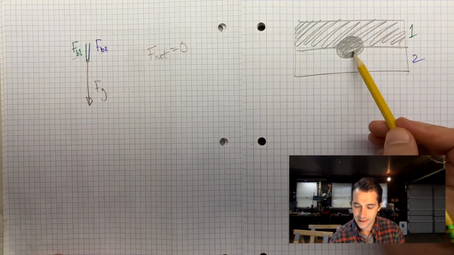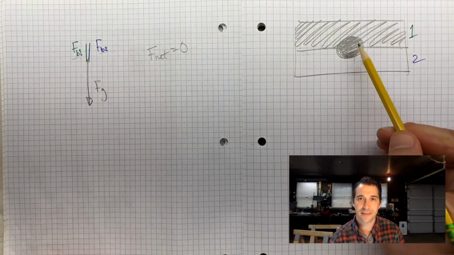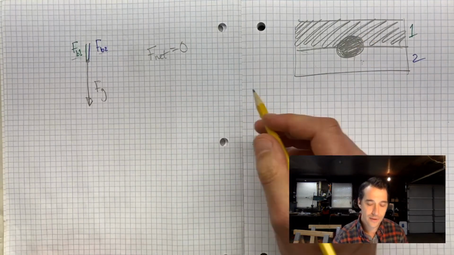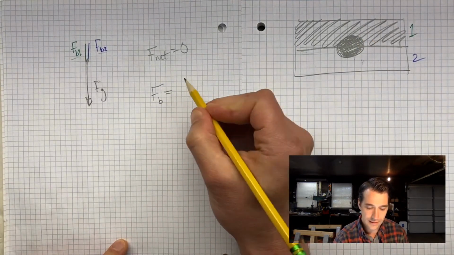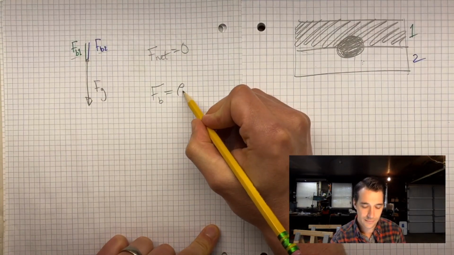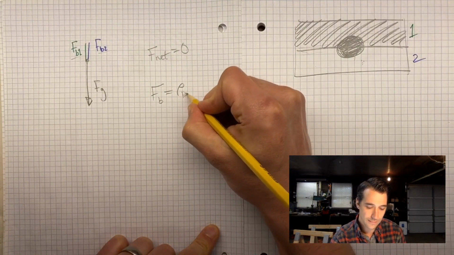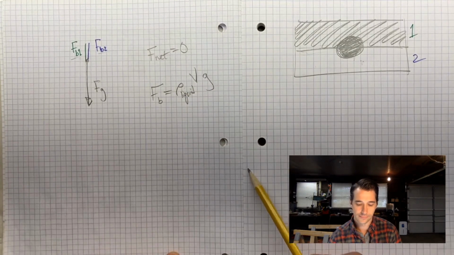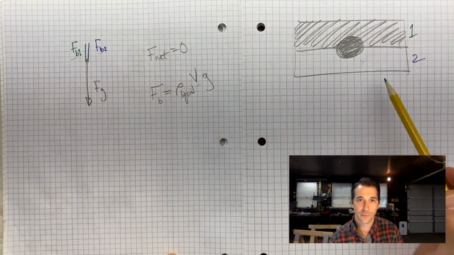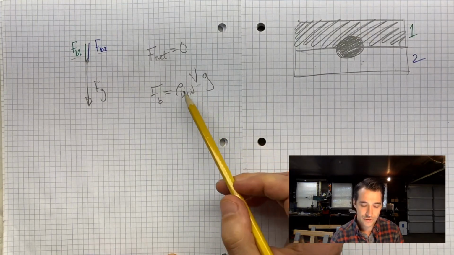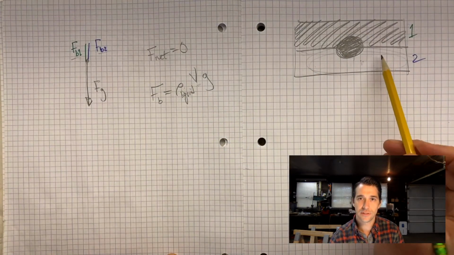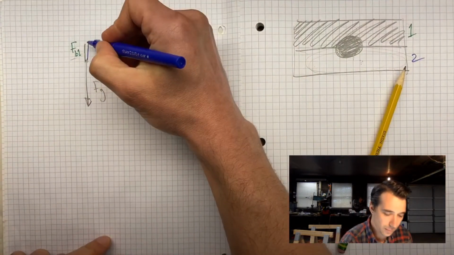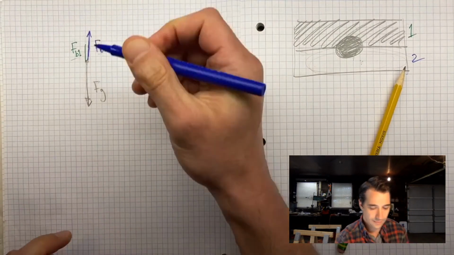So if this is more dense, and it looks like we're displacing exactly the same amount of liquid, that means our buoyant force, if you remember, is rho, the density of the liquid, times the volume, times g. The volumes are the same for liquid 1 and 2. Gravity, of course, is the same. So since liquid 2 is more dense, its density is a bigger number, which means it's creating a greater buoyant force.